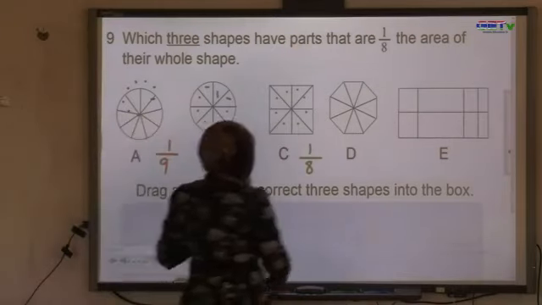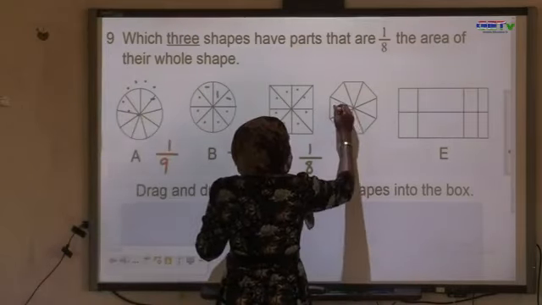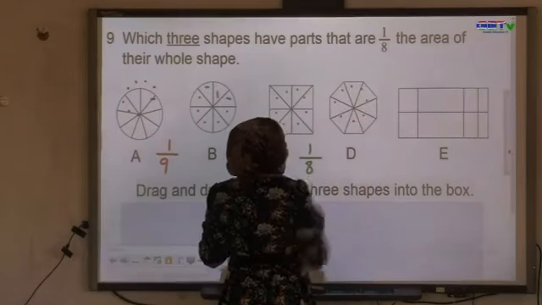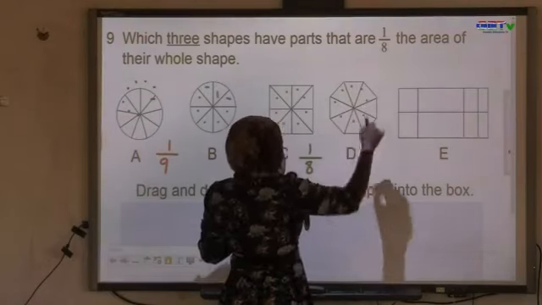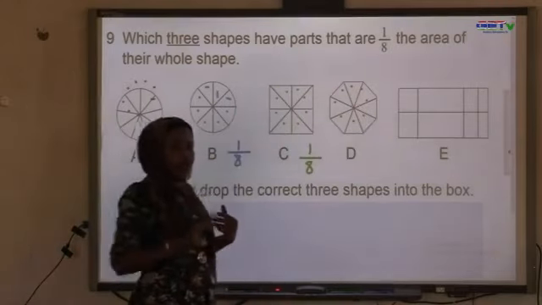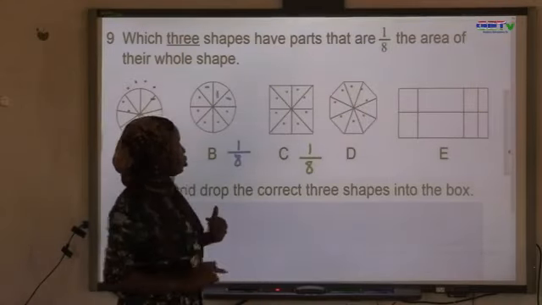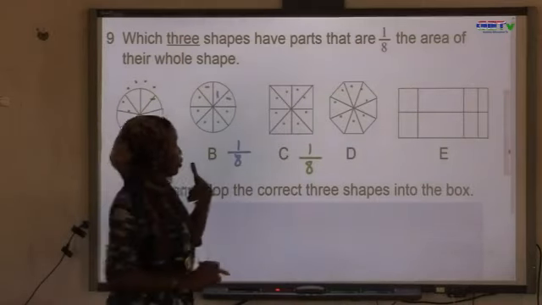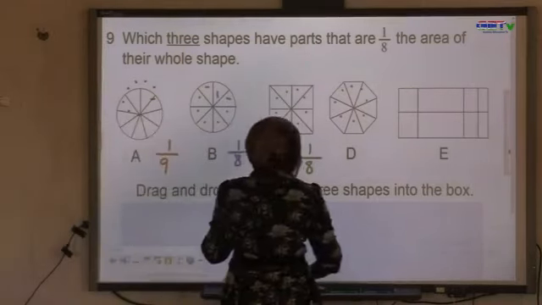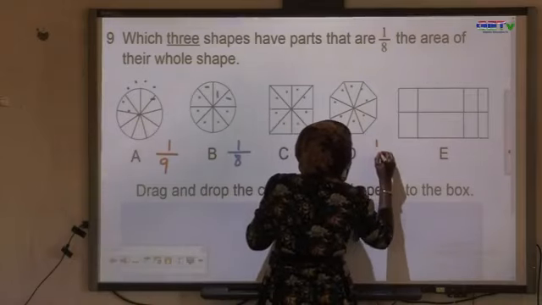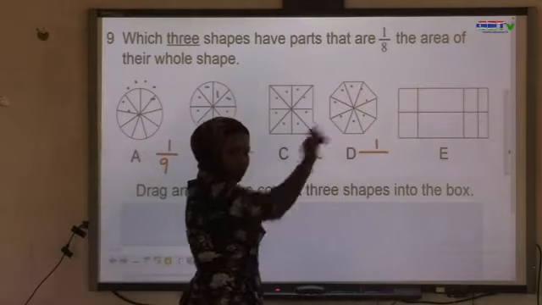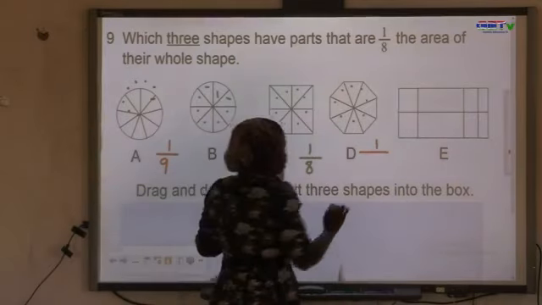Can we count? 1, 2, 3, 4, 5, 6, 7, 8. The whole is divided into 8 equal parts. Now, one part can be written as 1 over the total number of parts that we have in the whole, which is 8.